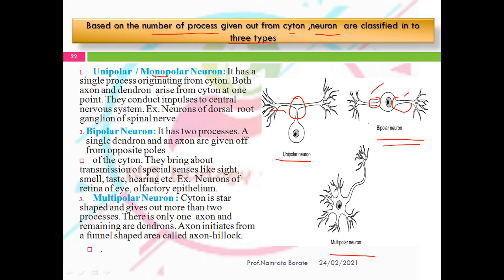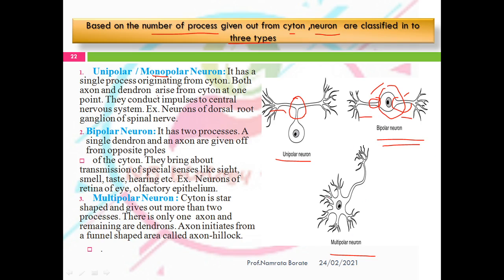You can see the middle part is the cyton; on one side the axon is there and on the other side the dendron is there. They bring about the transmission of special senses like sight, smell, taste and hearing. The neurons of the retina of the eye and olfactory epithelium are examples; in these regions bipolar neurons are present.